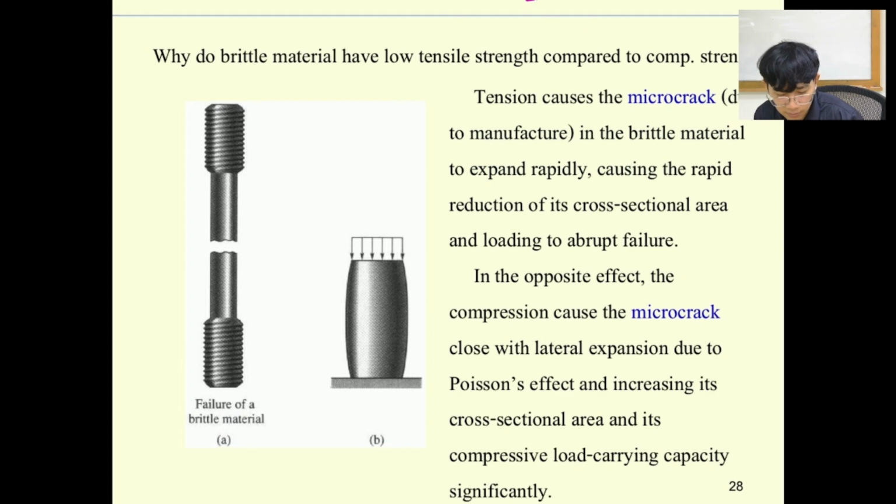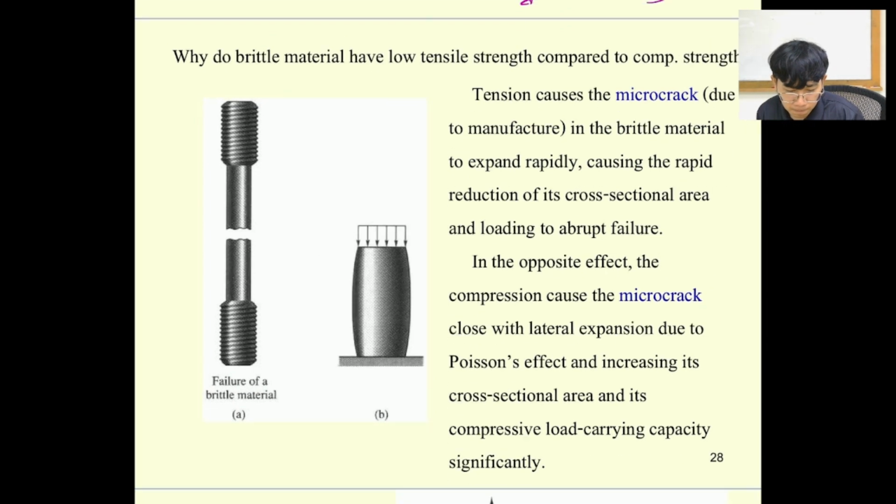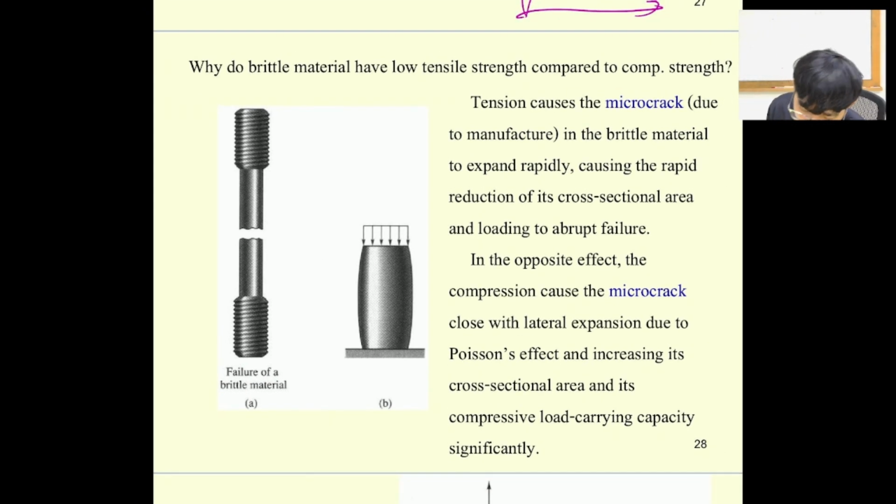And then the cast iron, again, has a lot of micro cracks inside, which means if you try to pull the cast iron, for example, if this is the surface, there will be a lot of micro cracks like this. If you try to pull it out, the micro cracks are going to open.